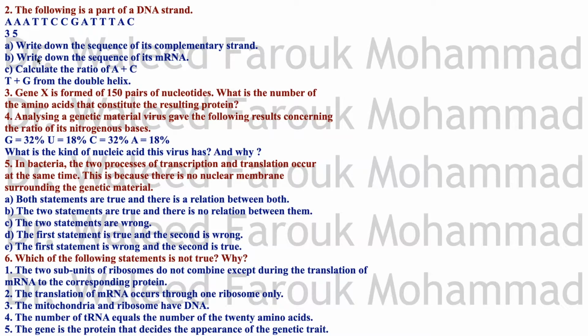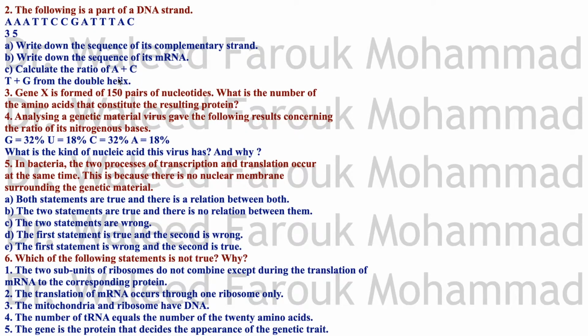By the way, the ends will be the opposite. When you write it down, this won't be the 3 end, this will start with the 5 end, because the direction is from the 5 to the 3 end. Okay, so this, when you write it down as a complementary strand or on mRNA.